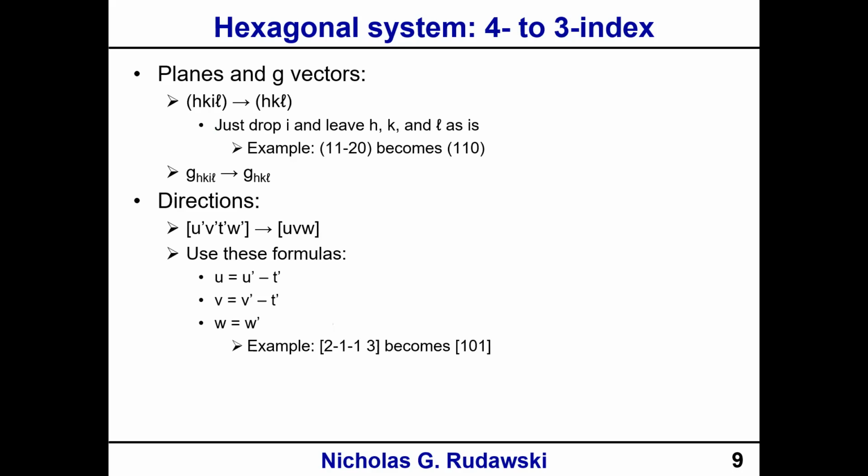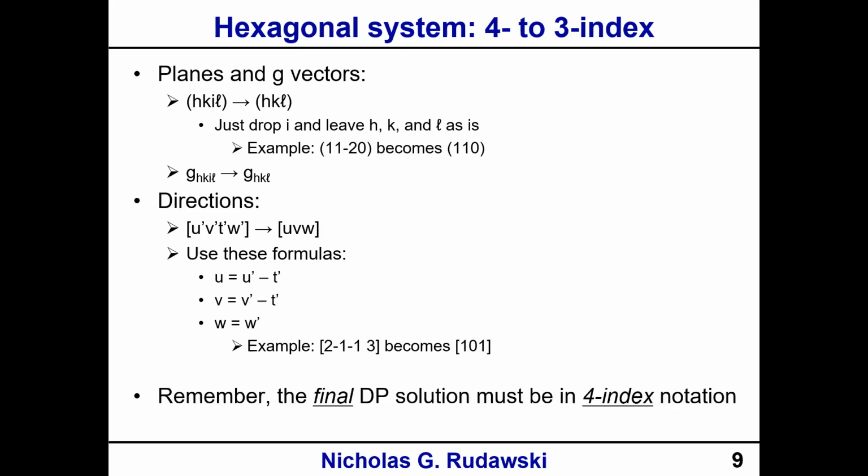U equals U prime minus T prime, V equals V prime minus T prime, and W equals W prime. Then again, if you need to, reduce those indices down to the lowest multiples you can. You can use this as an example: 2, 1 bar, 1 bar, 3 would become 1, 0, 1, if you do the math.